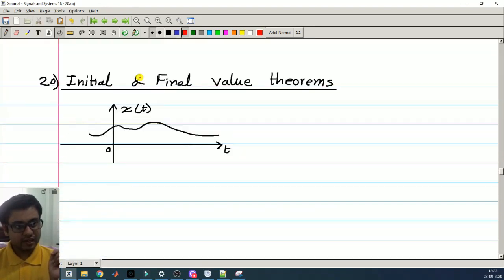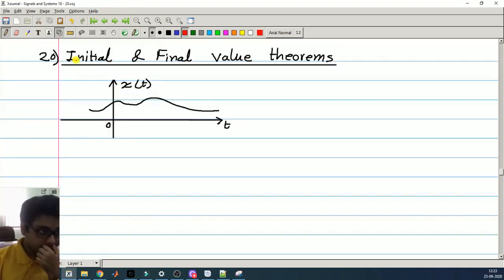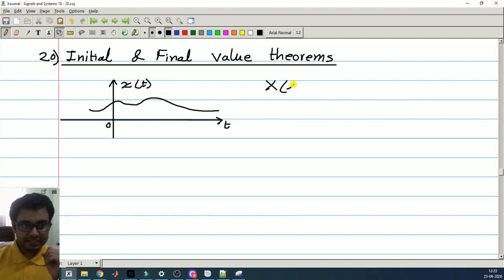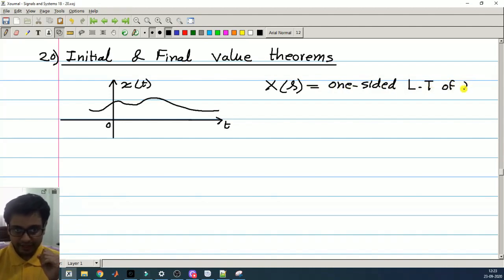Next we shall talk about two very important theorems, initial and final value theorems. Consider we have a signal x(t), and suppose capital X(s) is one-sided Laplace transform of x(t).